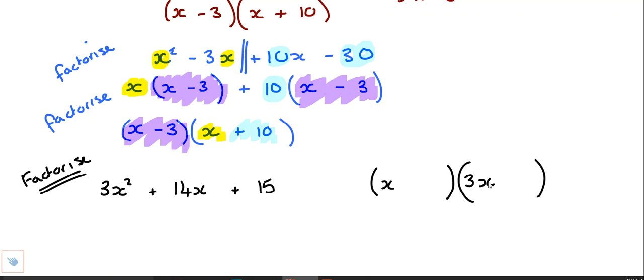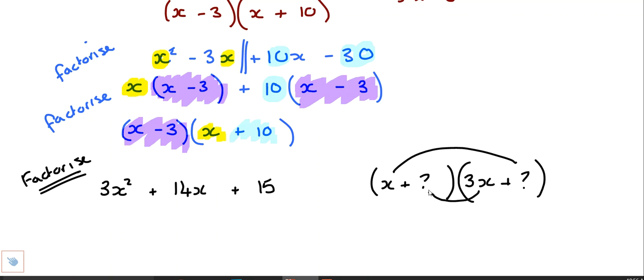Now the trouble is, because I know that that's 3x, well, let's say I've got plus something and plus something, it used to be that this number was just multiplied by an x and this number was multiplied by an x and we add them together. But now this one is multiplied by 1x, but this one is multiplied by 3x's.